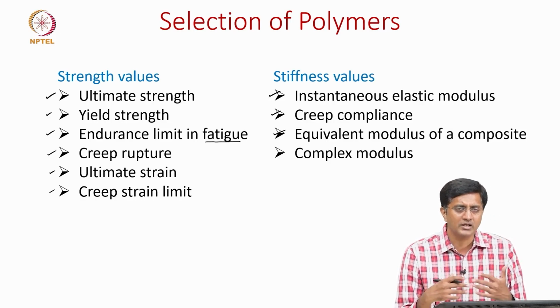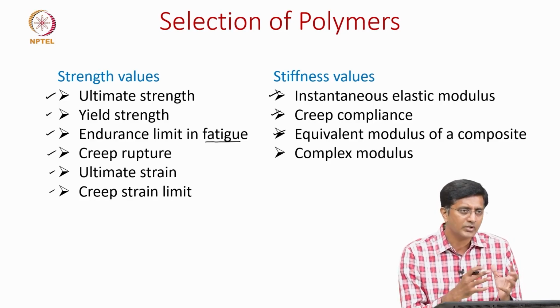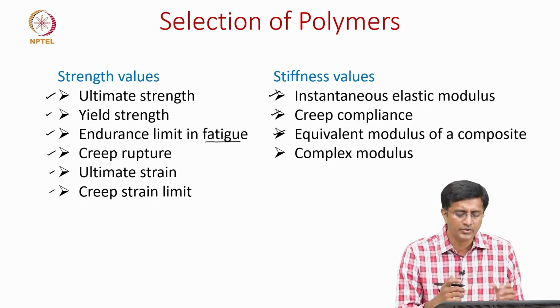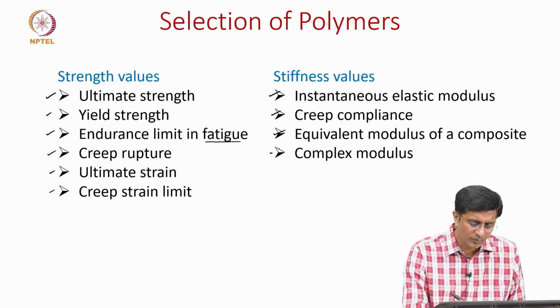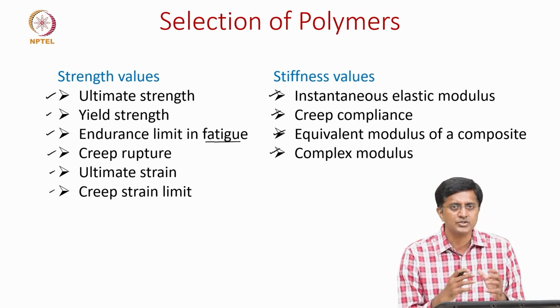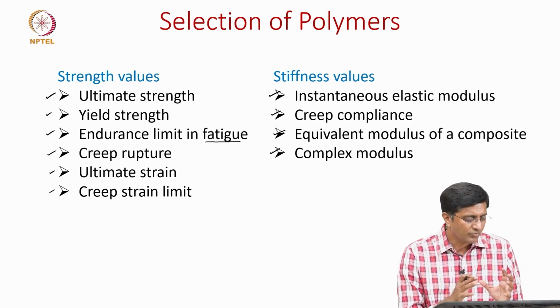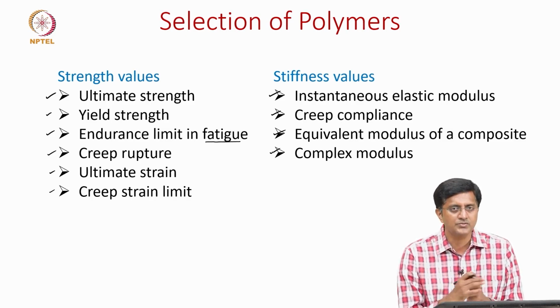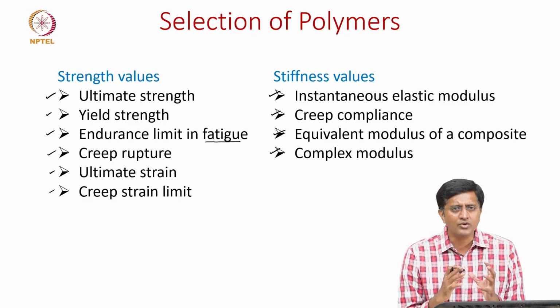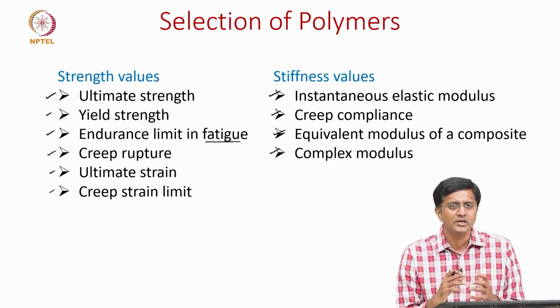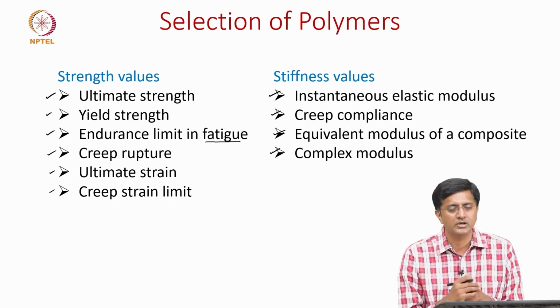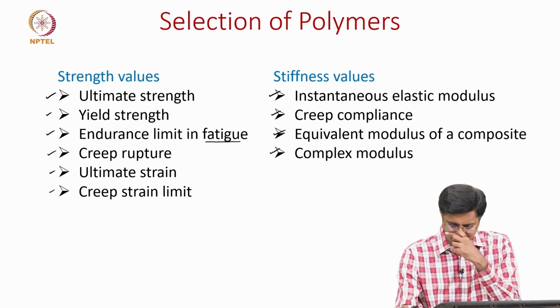But let us say we have a cyclic loading, based on what we have discussed in the previous videos, we need to be more interested in the complex modulus, because that shows with time and temperature how the modulus changes. So, in this slide we have only focused on the strength values and the stiffness values, but these are not the only criteria we apply while designing any engineering material, and specifically while designing using polymeric materials.